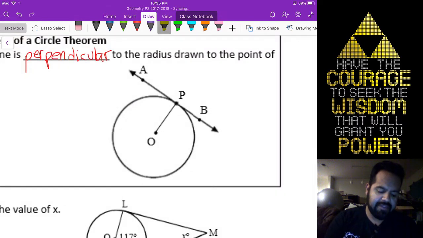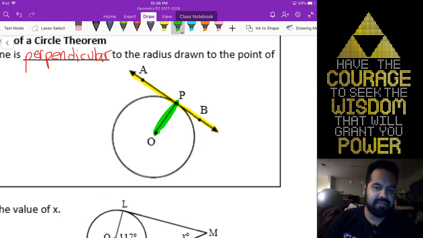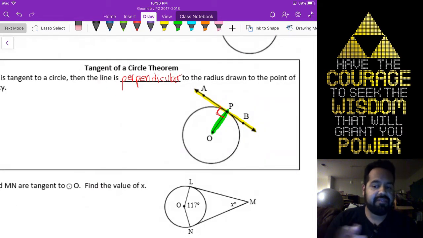So if I have a tangent line, boom, then no matter where the radius is, if I draw it to the point of tangency, that will always form a right angle. And this will allow us to do several properties. We can work with right triangles, which will then allow us to use the Pythagorean theorem. Or depending on what other shapes we create, we'll use those particular properties.